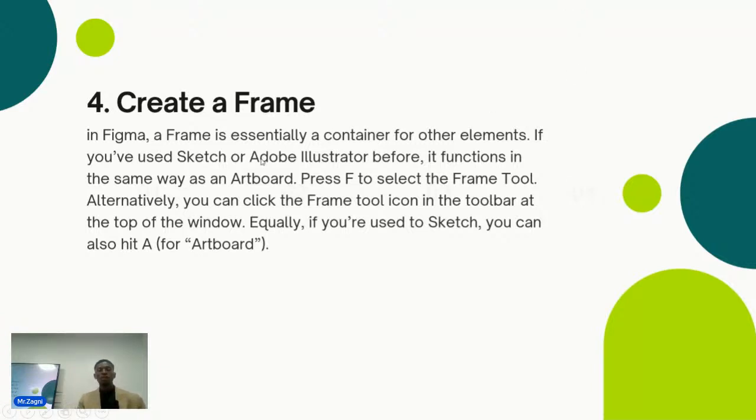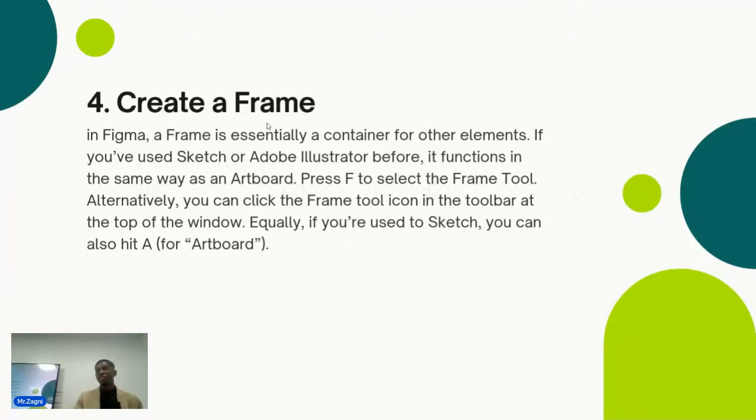So in Figma, a frame is essentially a container for elements. If you've used Sketch or Adobe Illustrator before, it functions in the same way as an artboard. So you press F to select the frame tool, alternatively.